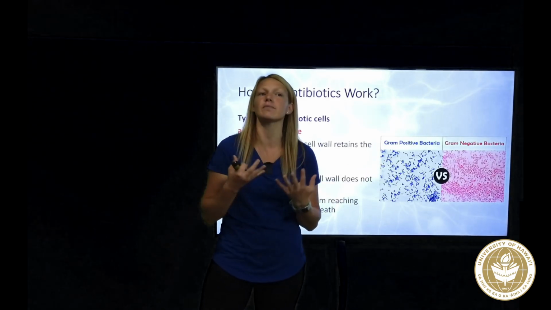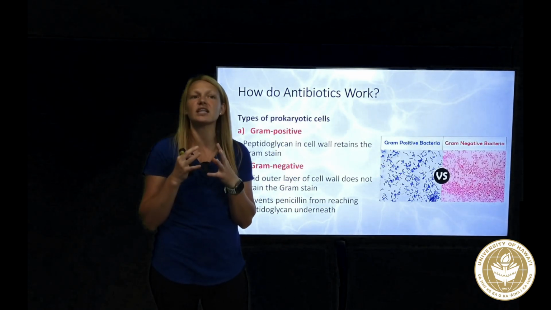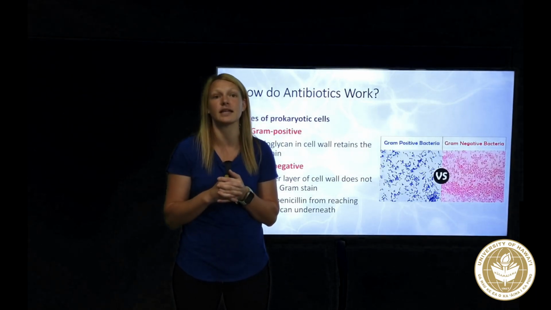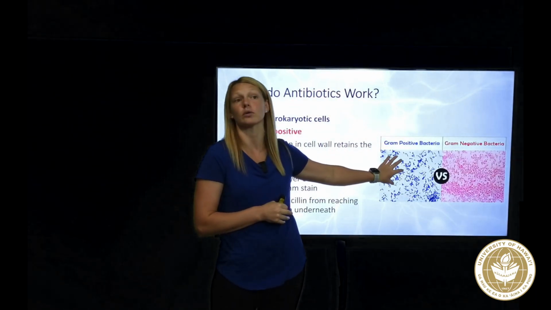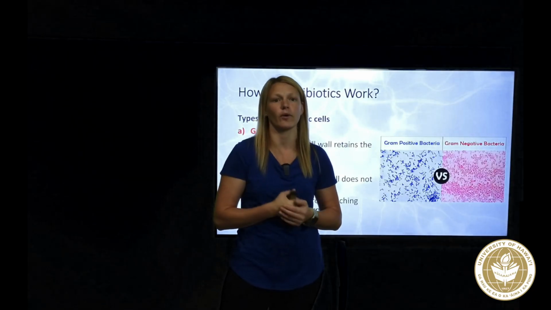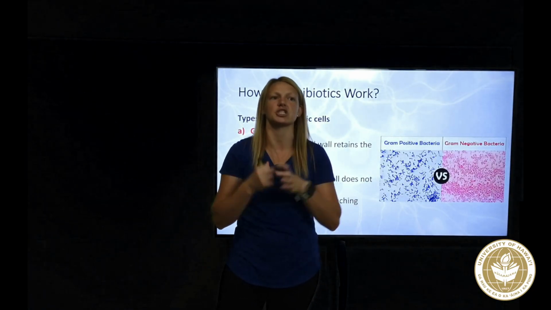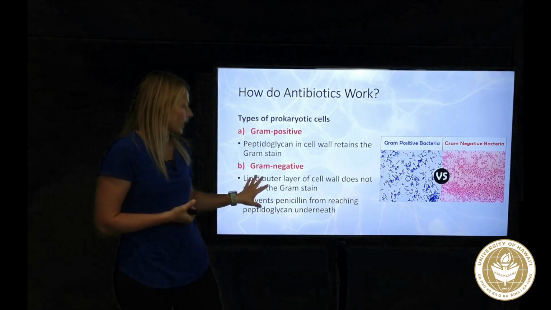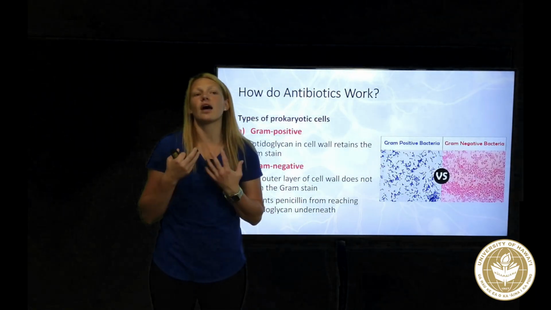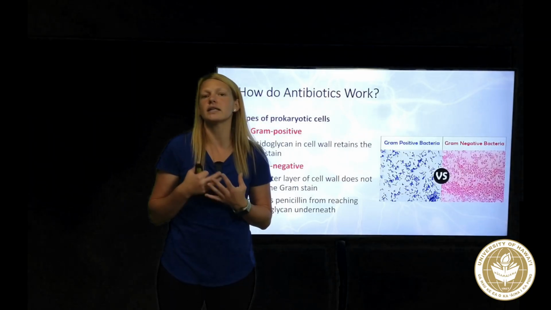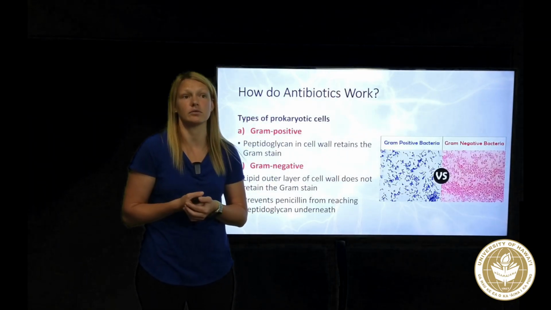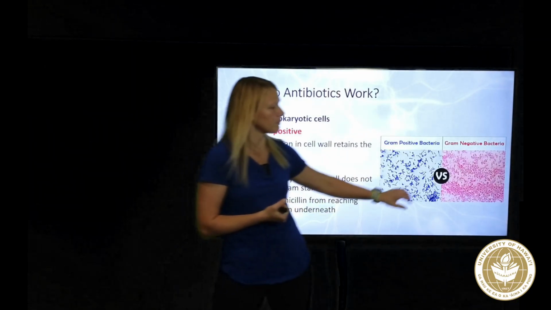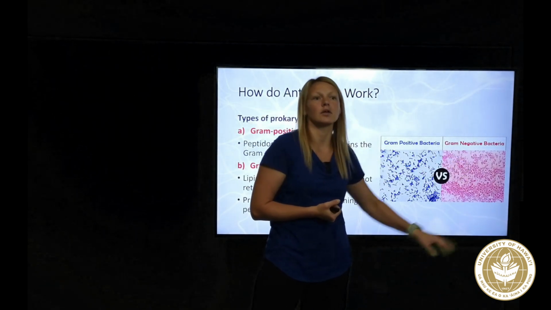Gram-positive bacteria have very thick cell walls that retain the dye, making them appear purple or blue underneath the microscope, or even on your petri dishes. Gram-negative bacteria, on the other hand, have a thin cell wall, and it's not going to retain that blue dye. It makes them appear pink or red.